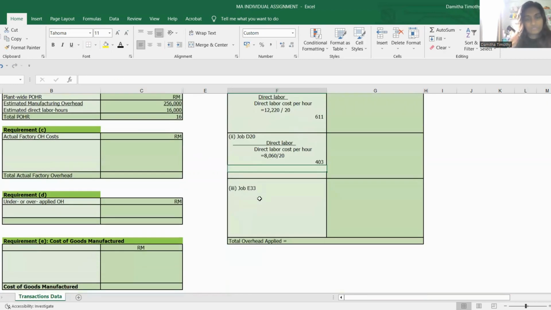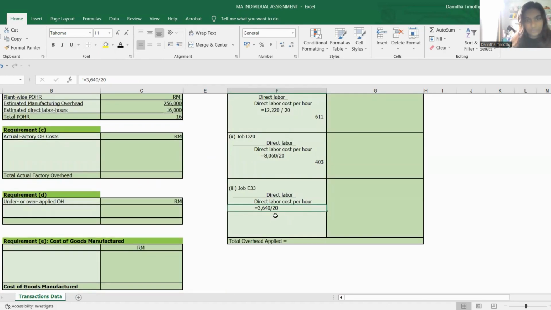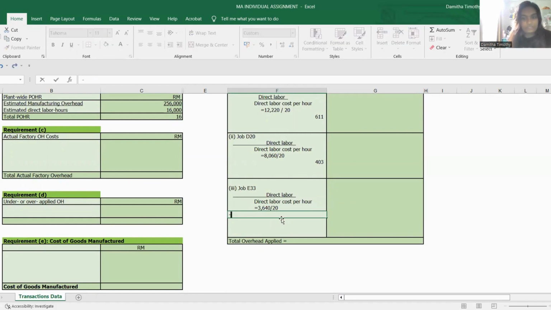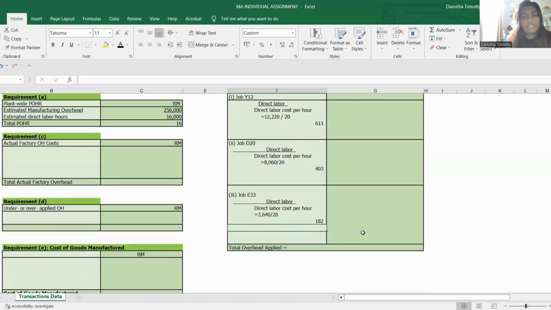The same goes for job E33. We take direct labor and divide by direct labor cost per hour. So the calculation here is 3,640 divided by 20, which gives 182.